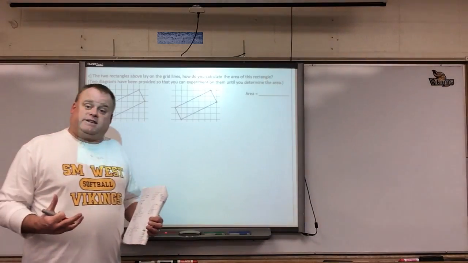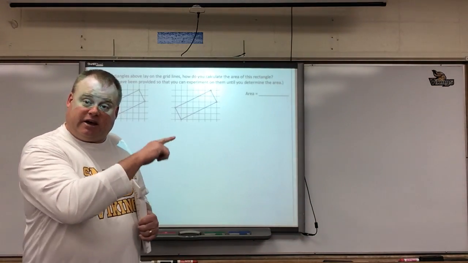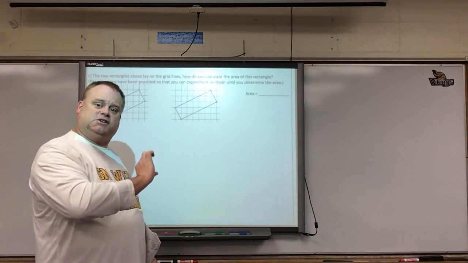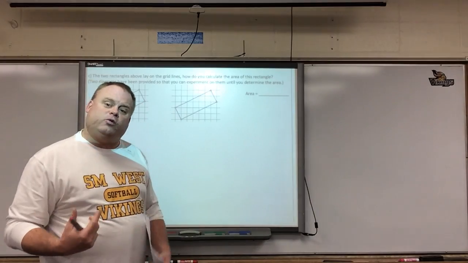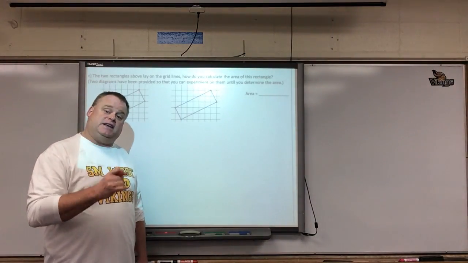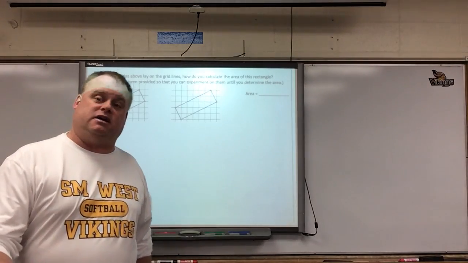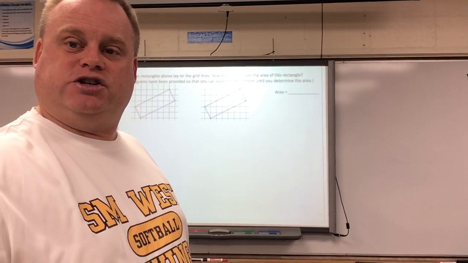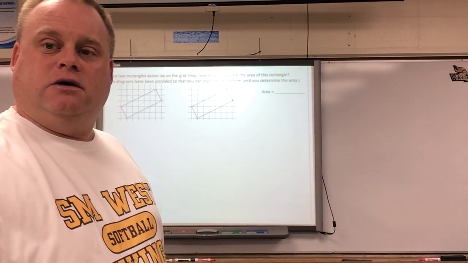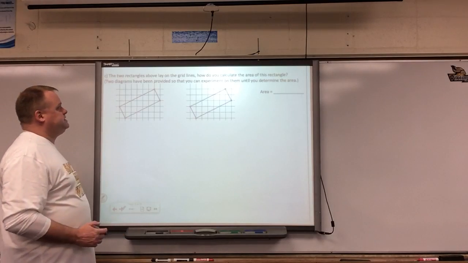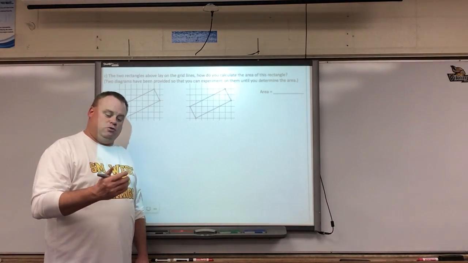So now let's take a rectangle that isn't perfectly on a horizontal and vertical axis, one that's turned slightly. What are we going to do to find this? Well, I can do the same idea here. I'm going to slide this over just a little bit as you see me turn the screen just a tiny bit. So as I look at this, here's what I'm going to do.